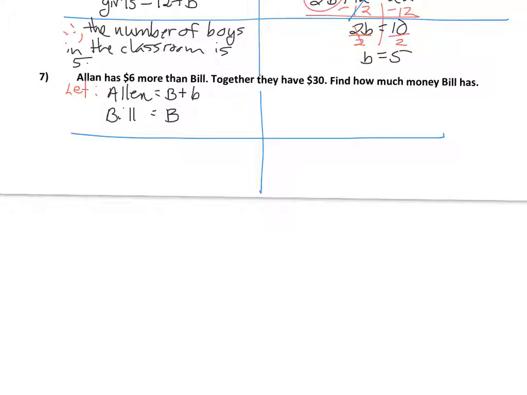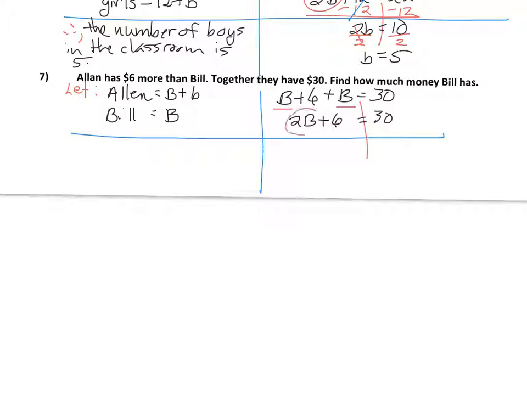So we're going to take Alan, which is B plus 6, and add Bill, which is B, and together their money should add up to $30. So now let's solve this. We've got like terms there, so that gives us 1B plus 1B gives us 2B plus 6 equals 30.